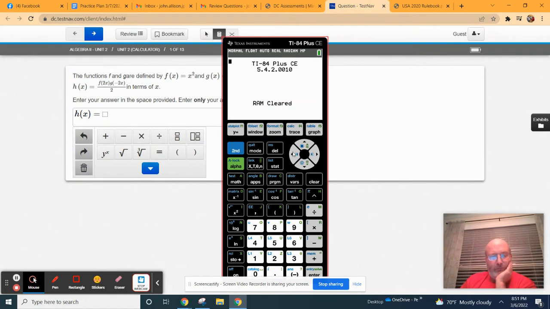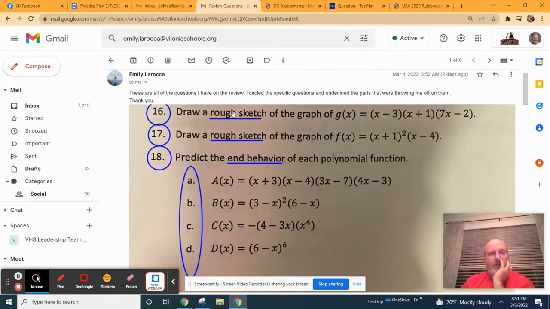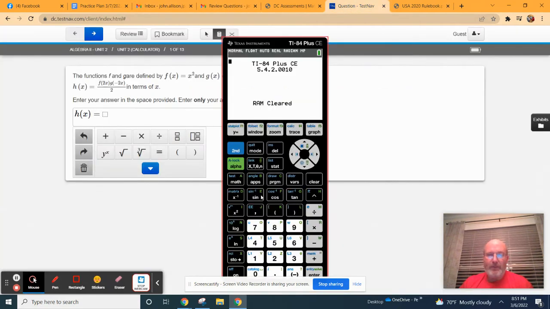So the easiest way for you to do these on 16 and 17 is to type this in just like it is in the calculator. X minus 3, x plus 1 times 7x minus 2. Let's see, here we go. So I'm going to hit y equals. I'm going to do x plus 3.